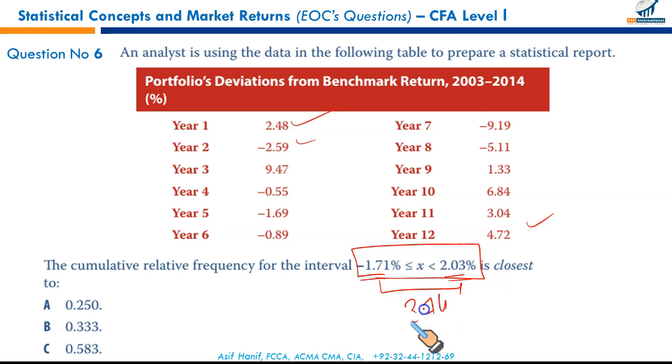This is your class interval, 3.74. You should start from the lowest value, negative 9.19. This should be your starting interval, and you add 3.74 to it: negative 9.19 plus 3.74 gives you the first class, negative 9.19 to negative 5.45.